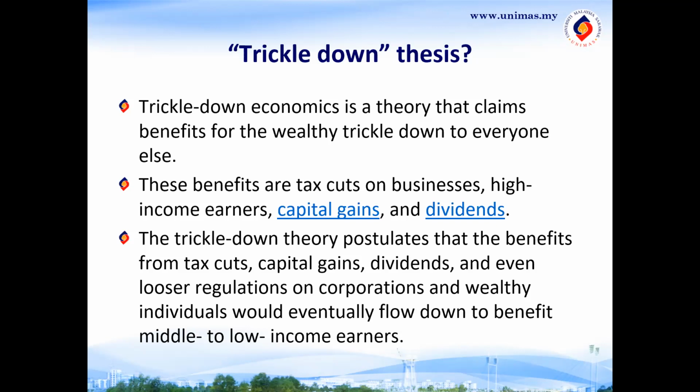So based on this trickle down theory, the benefits from tax cuts, capital gains and dividends, and even looser regulation of corporations and wealthy individuals would eventually flow down to benefit the middle to low income earners.